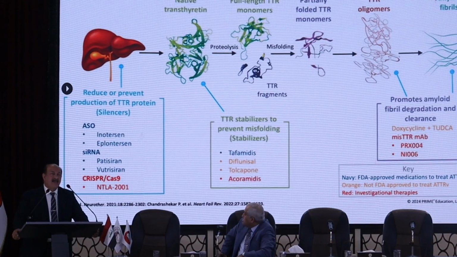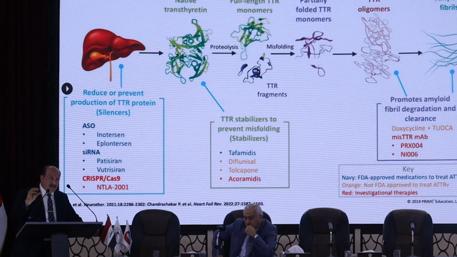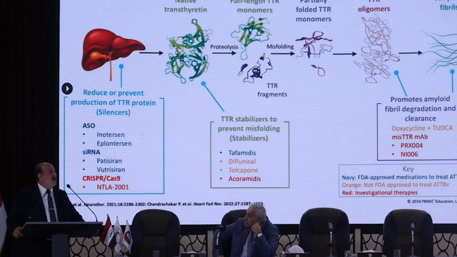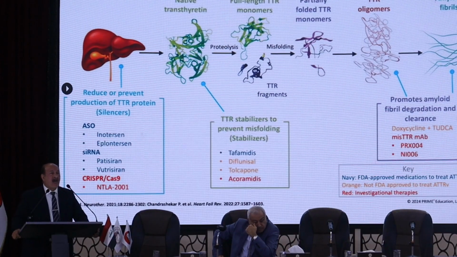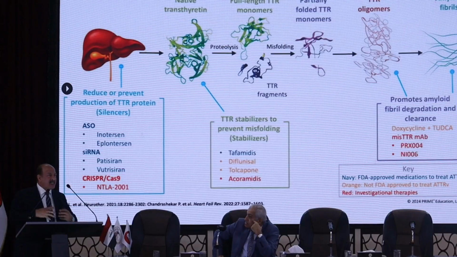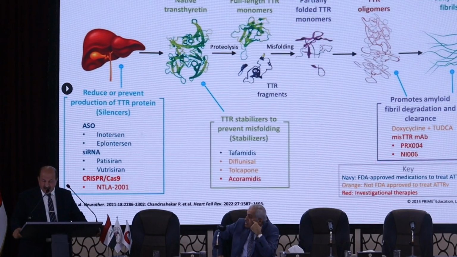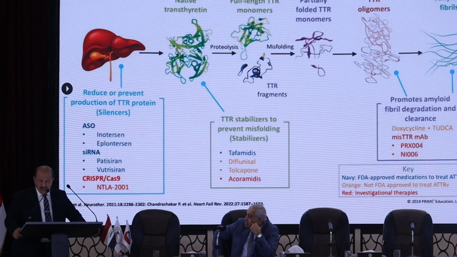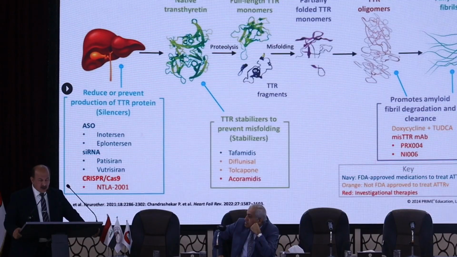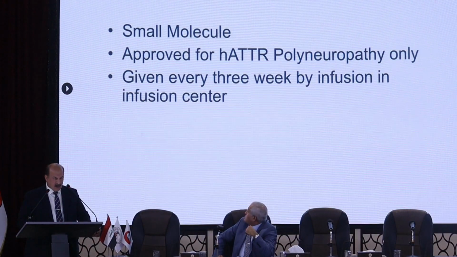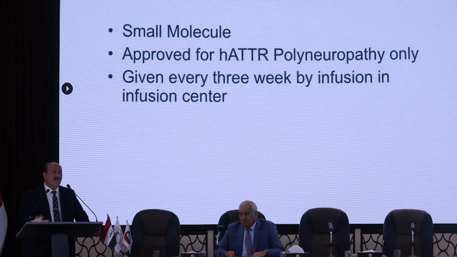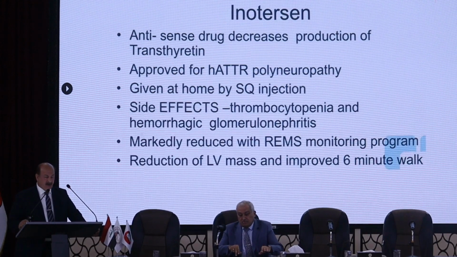These act on the RNA to prevent synthesis of amyloid protein, while tafamidis acts on the protein and prevents its dissociation, and finally, we can use doxycycline to increase the breakdown of this abnormal protein. These drugs are also approved by FDA.